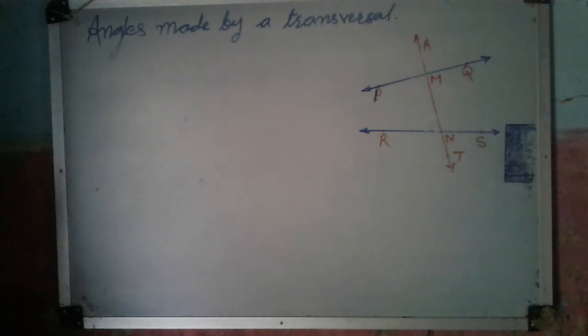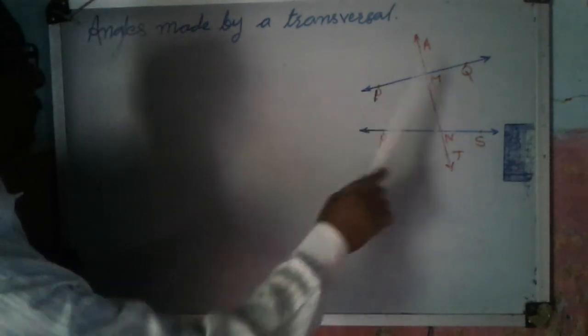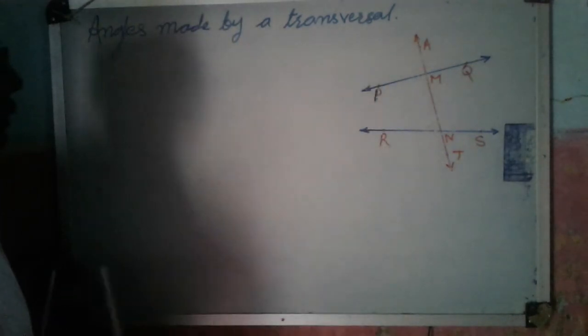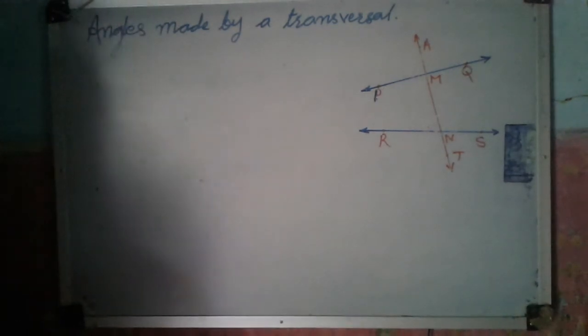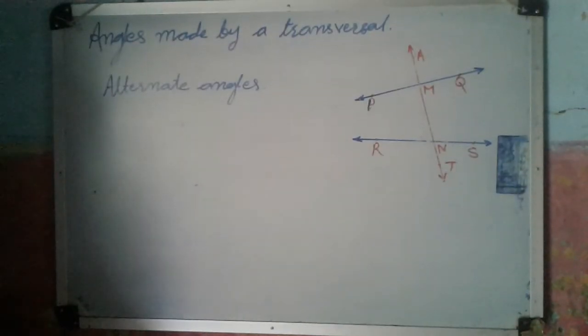That means in the pair, each angle is on an opposite side of the transversal, and their arms on the transversal show opposite directions.